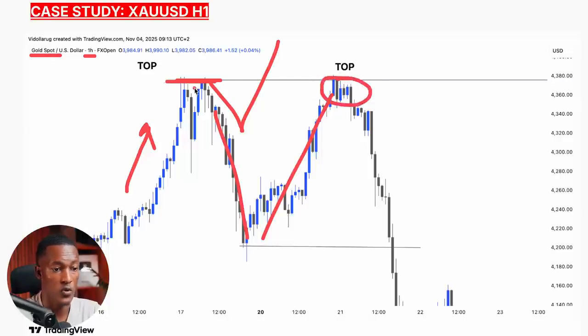So you could call this a high, and then we have another high. That means those are equal highs, or in other terms we call them tops. So this is a double top, and guess what? Boom, we have a huge rally to the downside. So we've had that, and next up is for you to confirm your entries so you're able to take that trade. Really easy and simple.